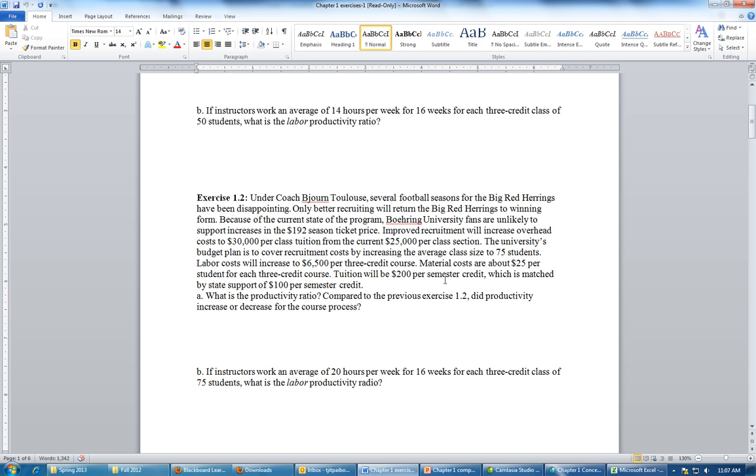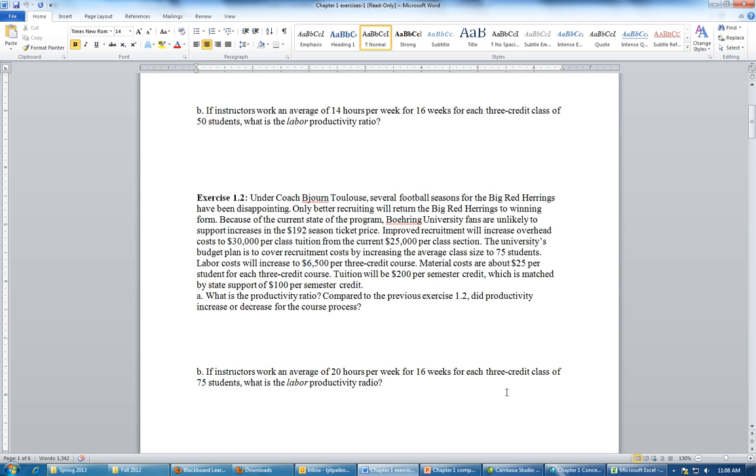Exercise 1.2 introduces a new situation which allows the organization to increase the overhead, increase the size of the class to 75, and also increase the labor cost, and the organization will charge $200 instead of $100.